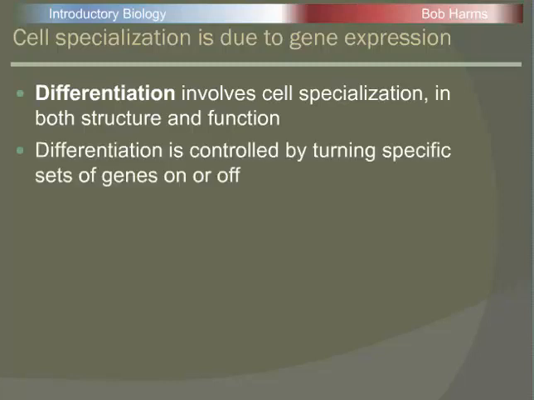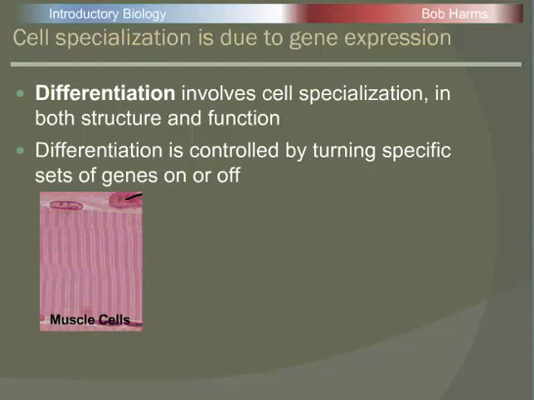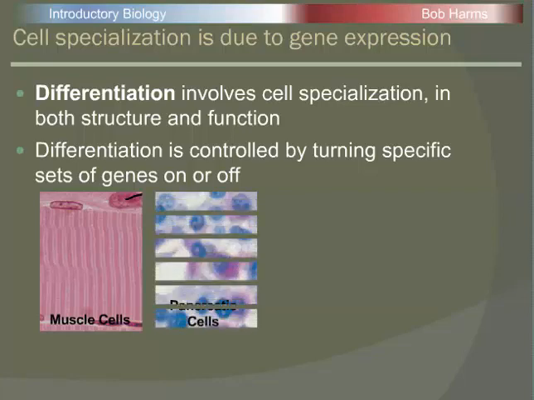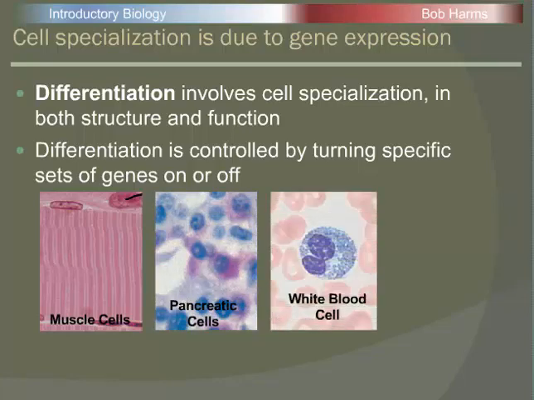Well, the difference between those different cell types in our body is due to differential gene expression, which genes are being turned off and which are turned on. And so, for example, if we think of muscle cells here, we've got some smooth muscle cells with their striations. We've got some cells in the pancreas here. Or we look at something like a white blood cell as another example.